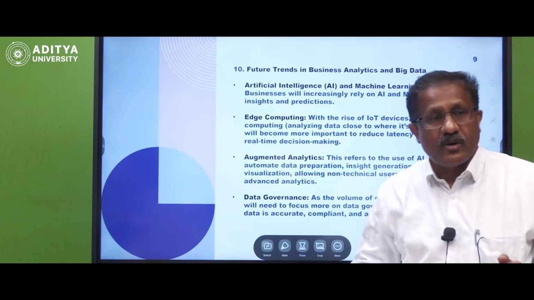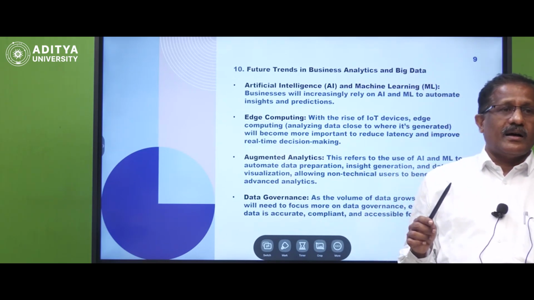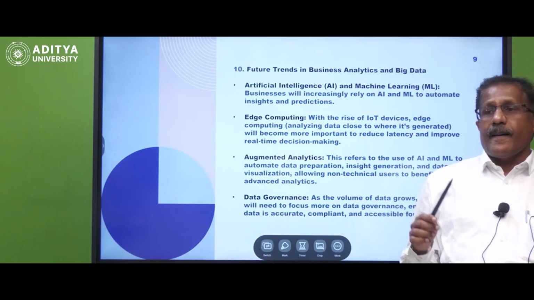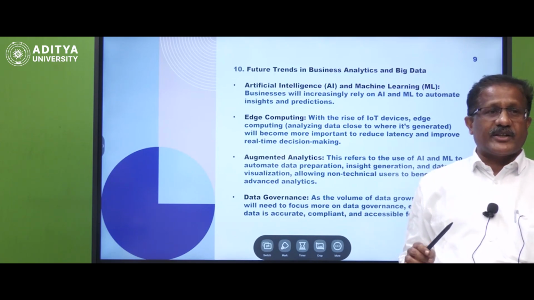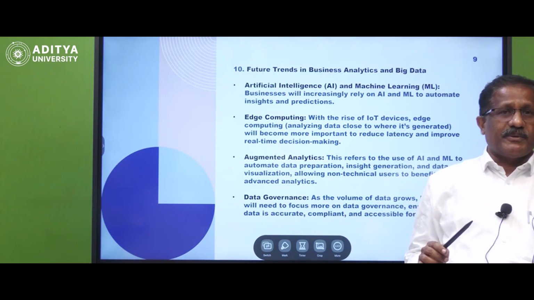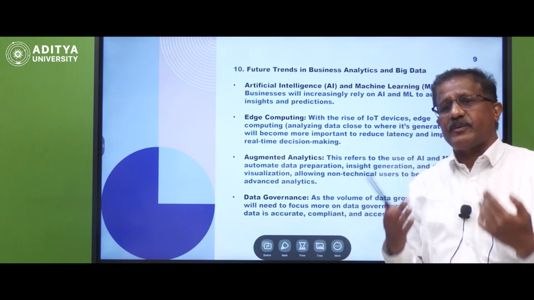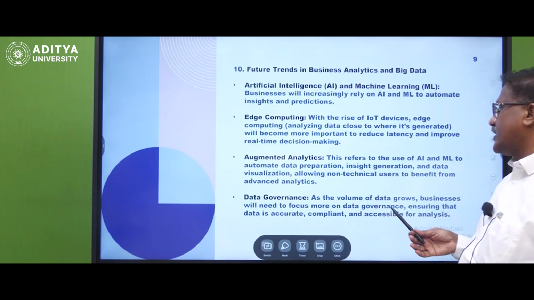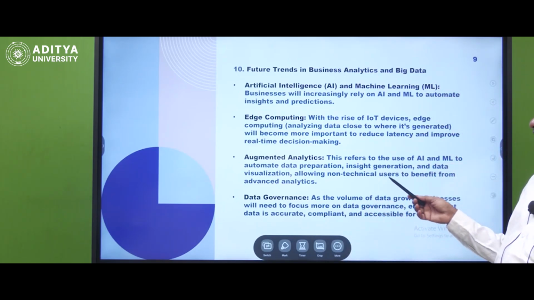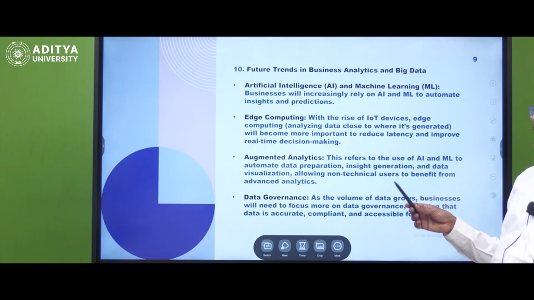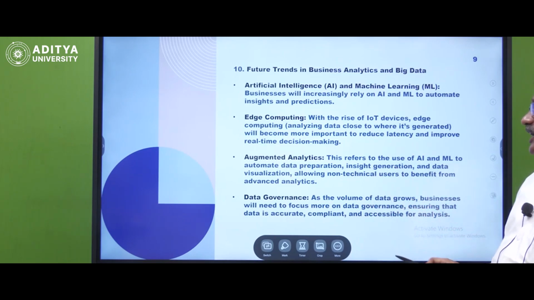For example, suppose one person does not have much knowledge to prepare a presentation for a particular topic. He puts the topic into an AI tool, for example the Gamma tool or ChatGPT or any other AI tool. He can get all the information in a PPT, in whatever format it requires. That means such powerful AI tools are available in the market nowadays, which help people, and even non-technical users get the benefit from advanced analytics.